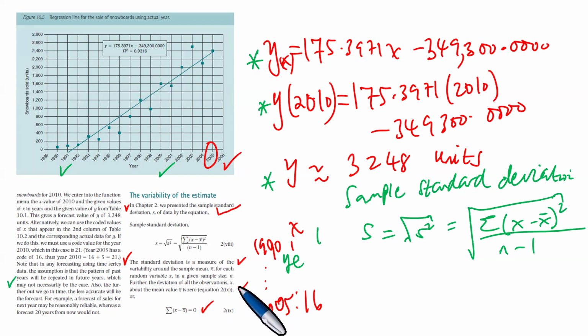So the definition: standard deviation is a measure of the variability around the sample mean for each random variable x in a given sample size n.